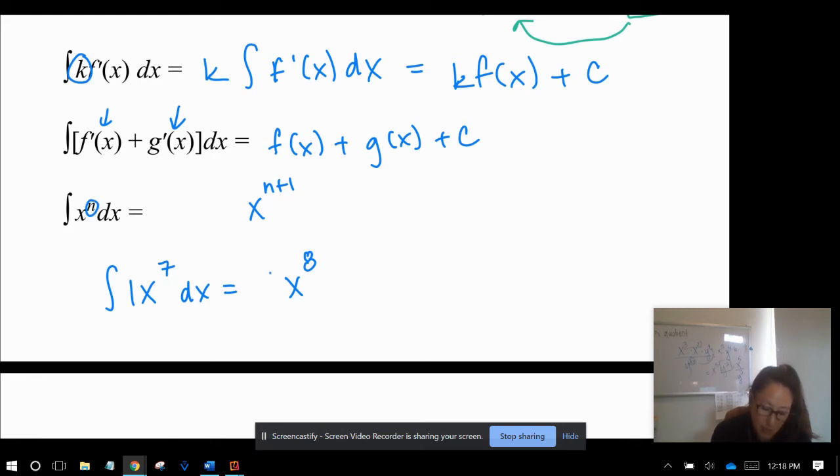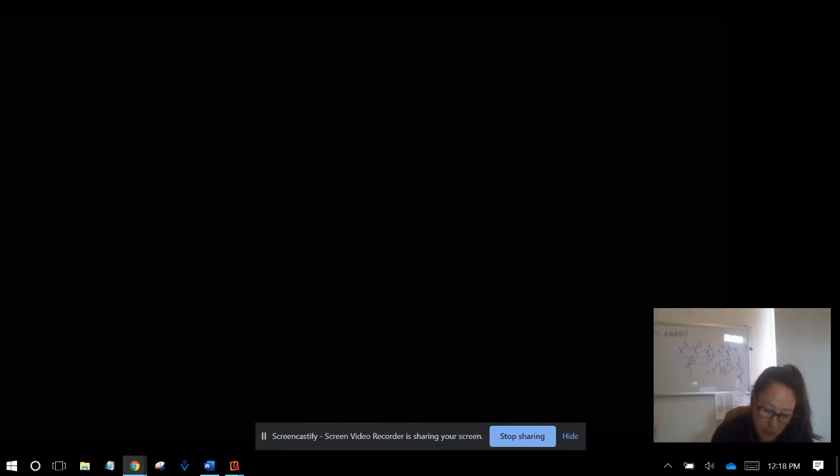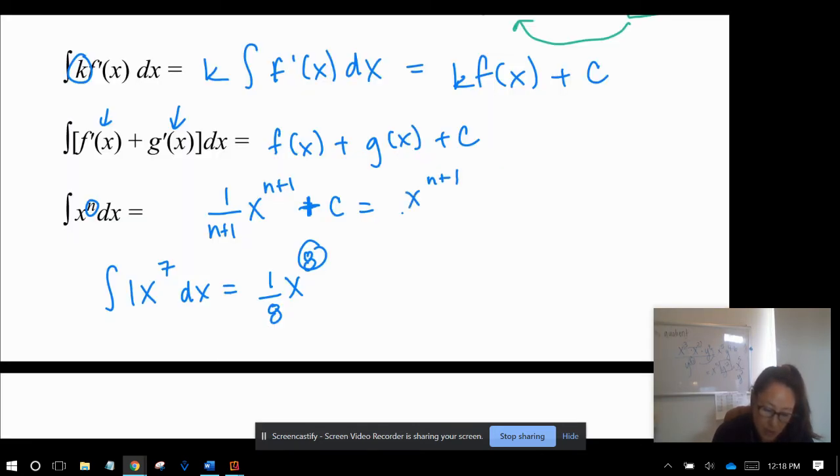You take what was already out as the coefficient, so 1, and you divide by the power. So I'm going to take my 1 and divide by n plus 1. You write this as x to the n plus 1 over n plus 1. All right, I forgot my plus c here.